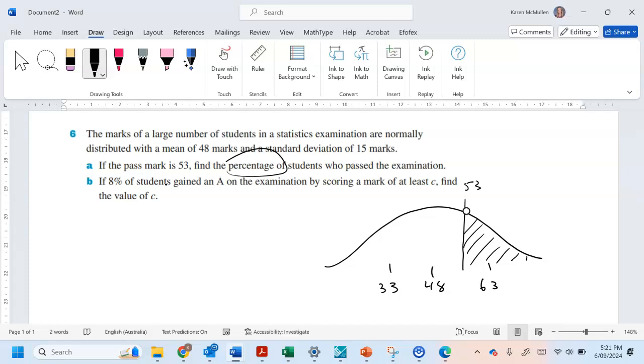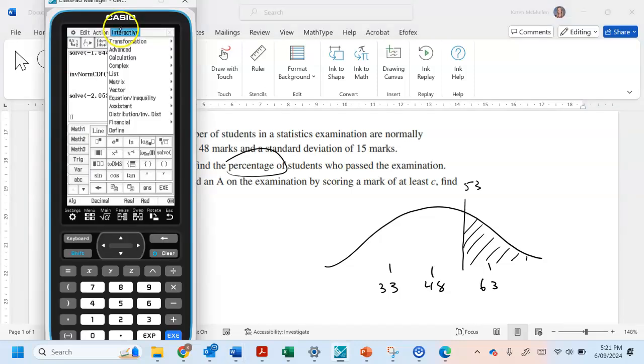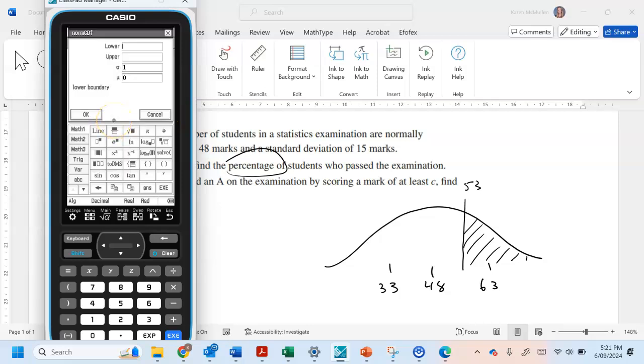But we can do that on our calculator. So this is just a normal CDF. Alright, our lower limit is 53. The upper limit is infinity. Alright, this time we're not doing the standard normal. We've got our mean and our standard deviation.